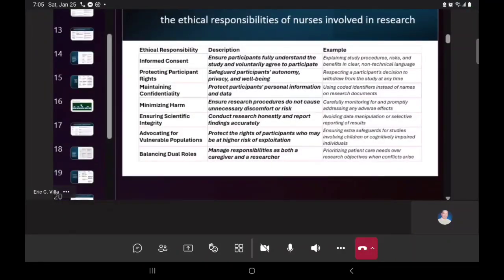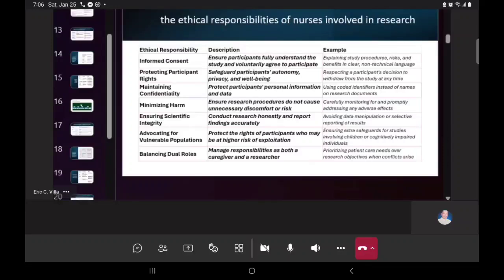Okay, now let's talk about the ethical responsibilities of nurses involved in research. Nurses involved in research have significant ethical responsibilities that extend beyond their clinical duties. These responsibilities are crucial for protecting research participants, maintaining the integrity of the research process, and upholding the ethical standards of the nursing profession.